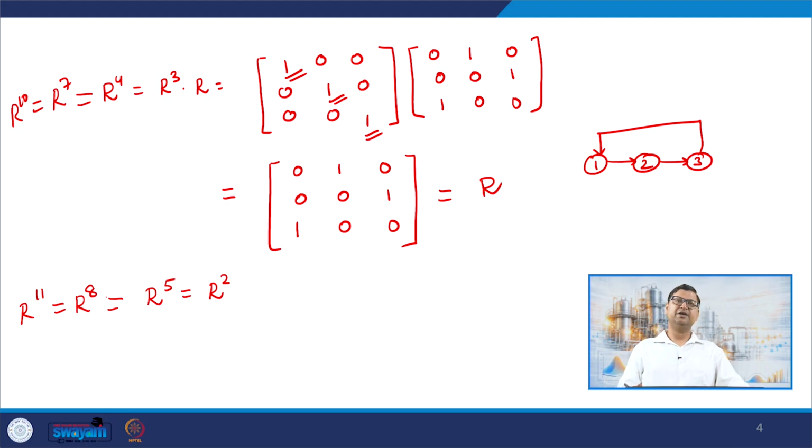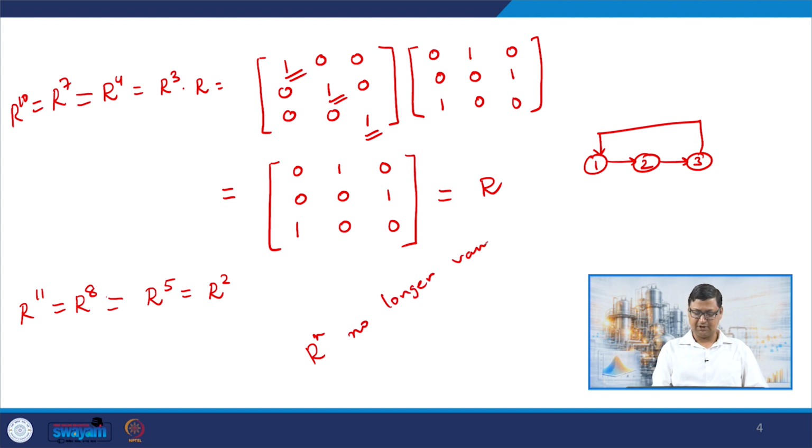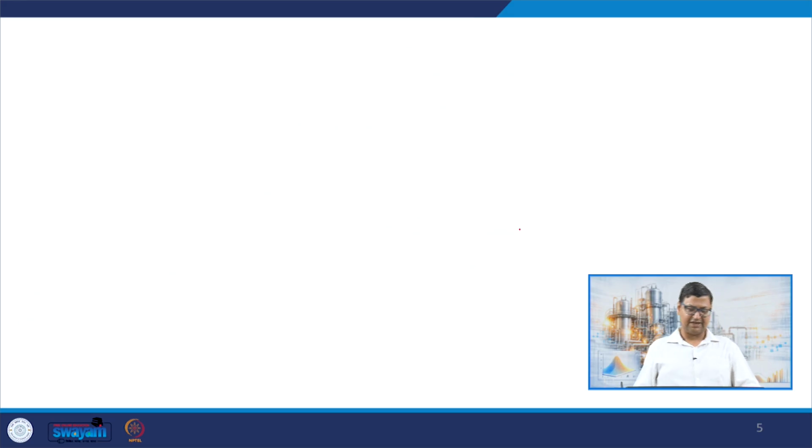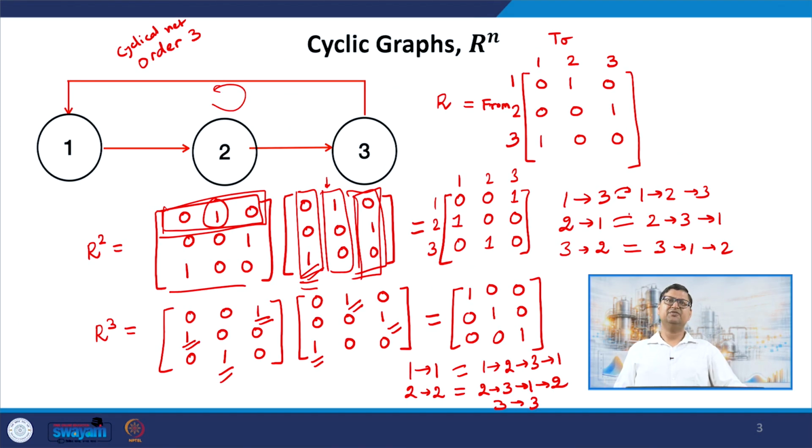And the second point is that now R to the power n is not vanishing, because let's say even if you have 100 power, then also I can go around the same loop, let's say 33 times, and then do a 1 step path, right? So the R to the power n is no longer vanishing, right?